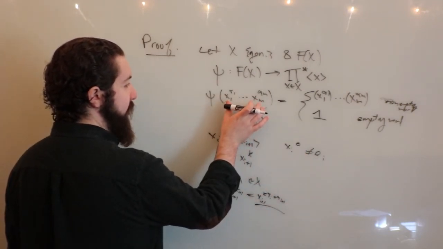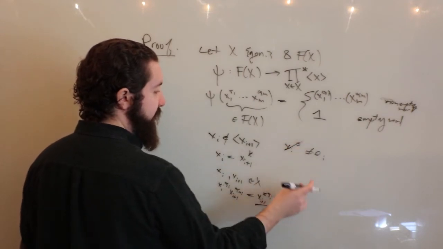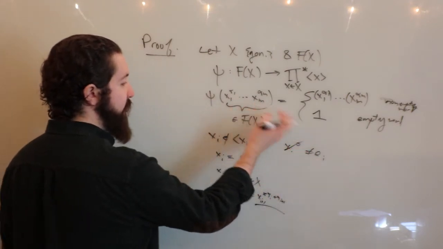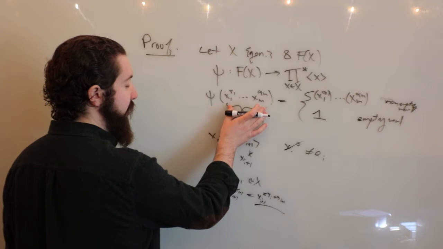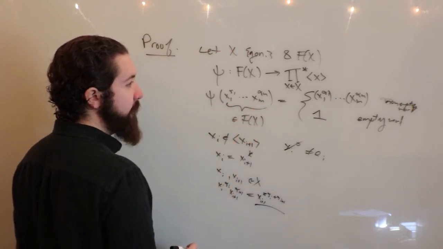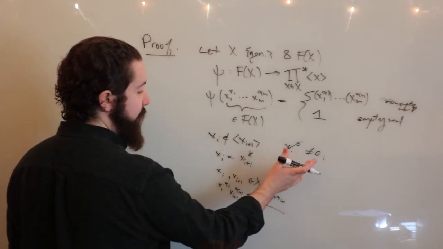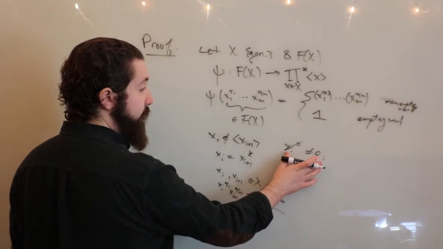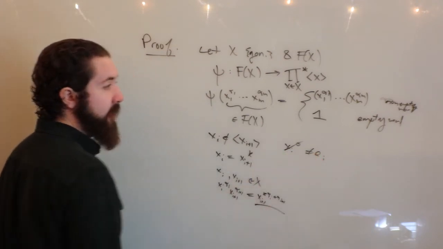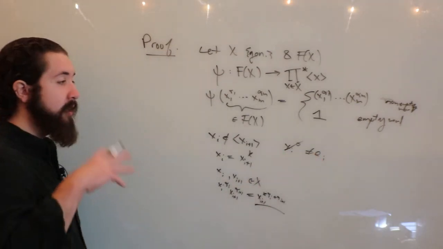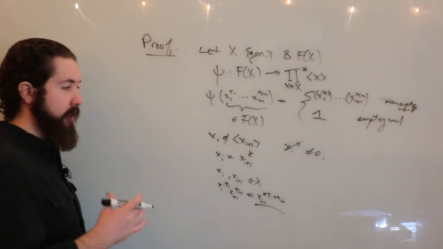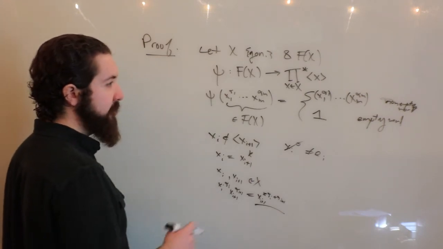And essentially that would be removing this element from the word. And if you did this over and over again, what you would end up with is just the empty word, and the empty word does not even get mapped to one of the group identity elements. It gets mapped to the collective identity of the free product. So not an issue there.